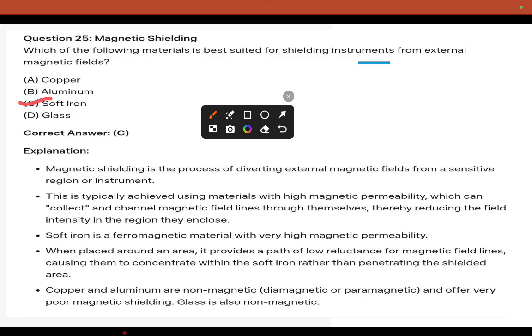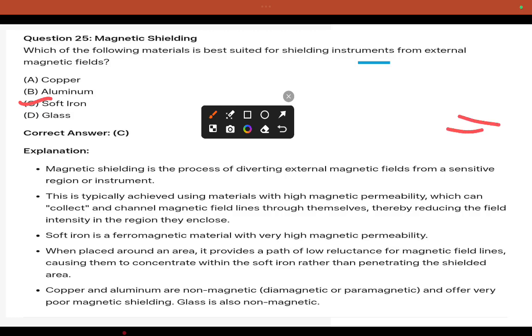When placed around an area, it provides a path of low reluctance for magnetic field lines, causing them to concentrate within the soft iron rather than penetrating the shielded area. Copper and aluminum are non-magnetic, known as diamagnetic or paramagnetic materials, and offer very poor magnetic shielding. Glass is also non-magnetic.